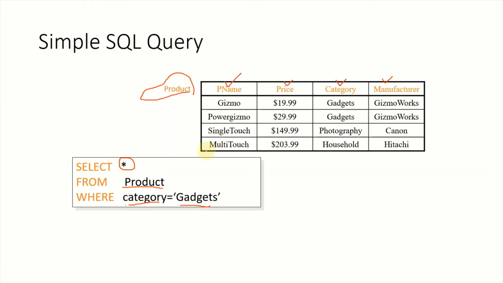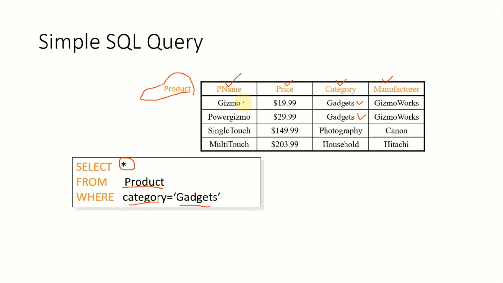If you look into this query, it will give us the records where category is equal to gadgets. Under category we have gadgets, and we have 2 gadgets. We are selecting star, which means we are selecting all these attributes.